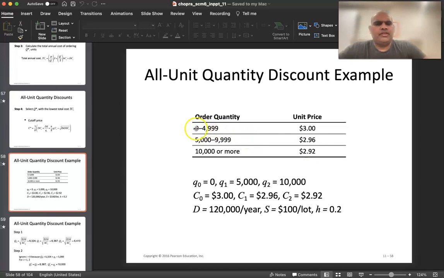So what you're saying is that when you place an order, if the lot size for the order is between 0 and 4,999 units, then the price that you'll pay for each unit is $3. But if the lot size is between 5,000 and 9,999, then you pay $2.96. And finally, if you order 10,000 or more, you pay $2.92, right? So that's basically what that is.